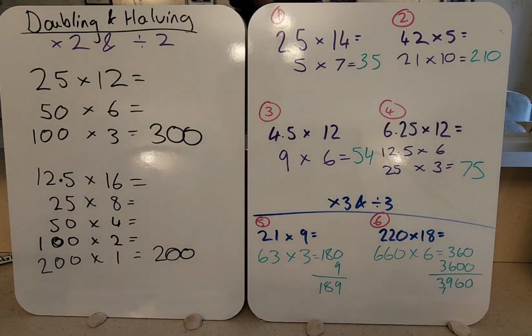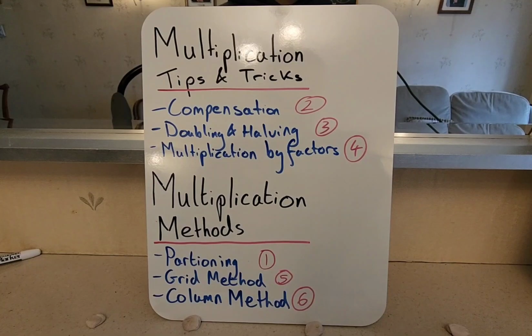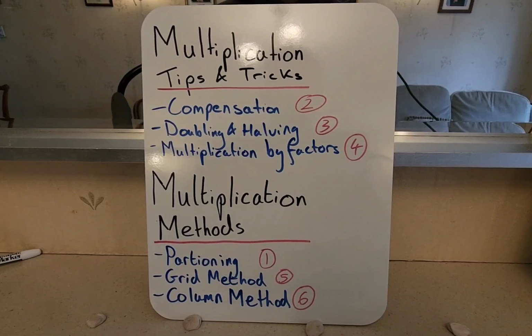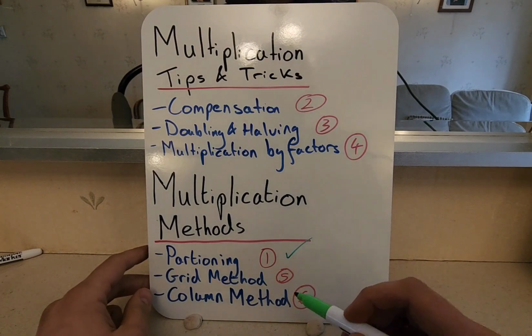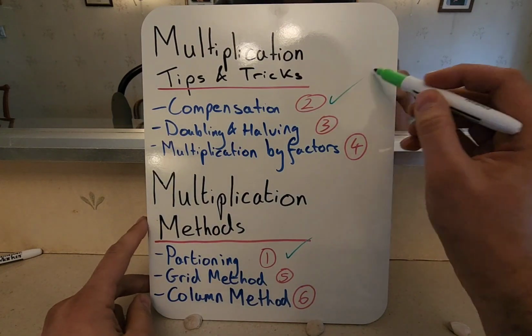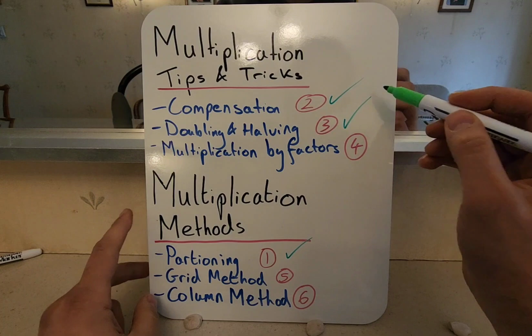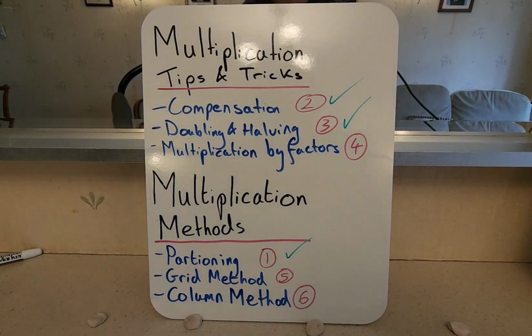Let's move on to our next technique, which is multiplication by factors. So I was looking at the length of the video and I thought this would actually be a good time to take a break. We've gone ahead and done partitioning, we have done compensation, and we have done doubling and halving. I'm going to split this video into 2 parts because I feel like we've got to a point where this is quite a bit of work and I don't want you guys to lose attention.